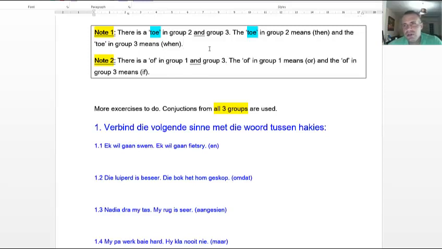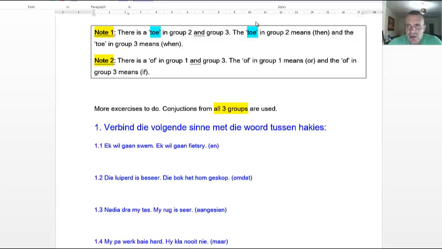So how would you know the difference? Well, you're going to have to look at the meaning of the 2 sentences and see which one fits in the best. Okay, so if you have, for example, a sentence that says, we go to the park, we go home. So we go to the park, then we go home.